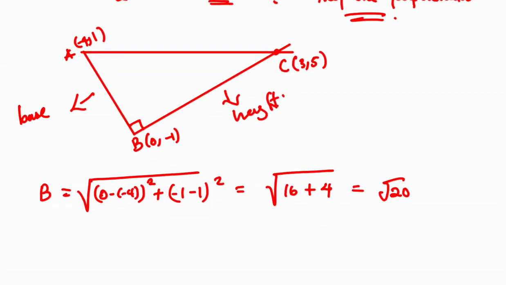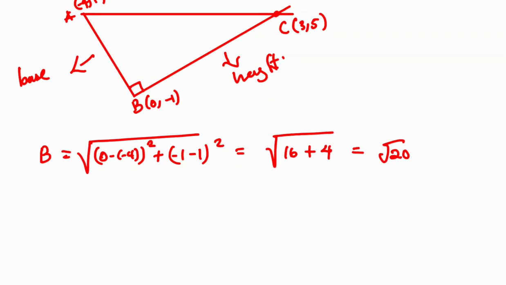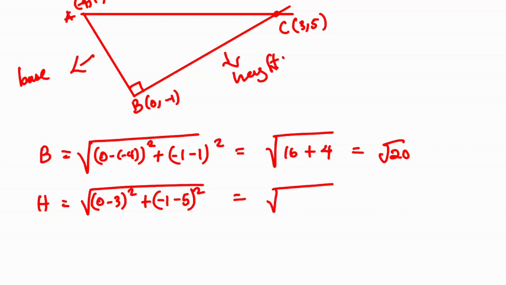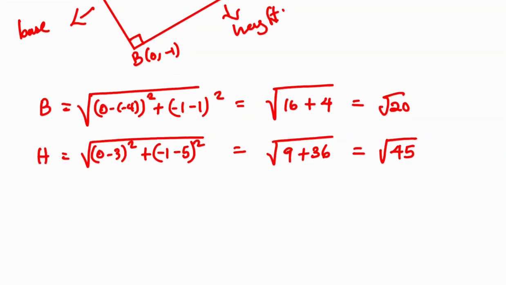So I'm done with that. That is the base, then the height. This is what I'm going to get for the height. I have 0 minus 3 all squared, plus minus 1 minus 5 all squared, which will give me 9 plus 36. And here I'm going to have root of 45. All right, so I'm done with that.